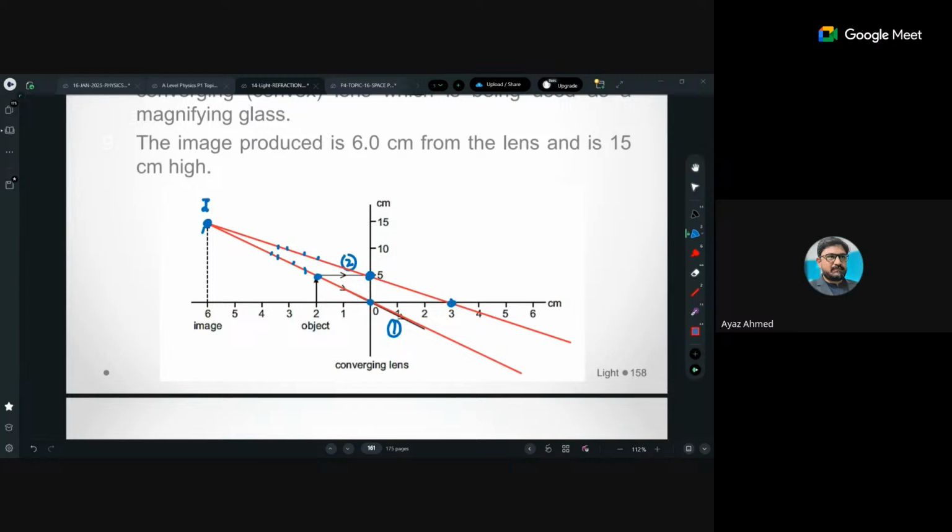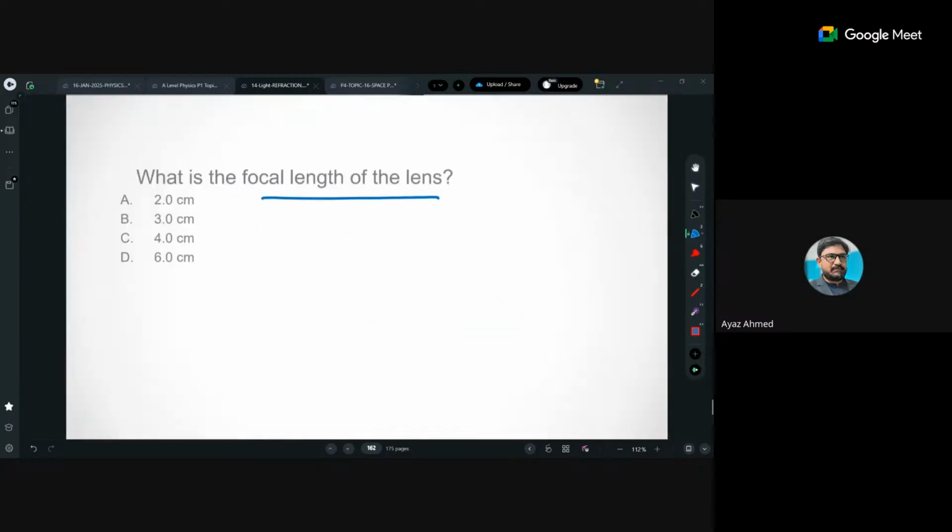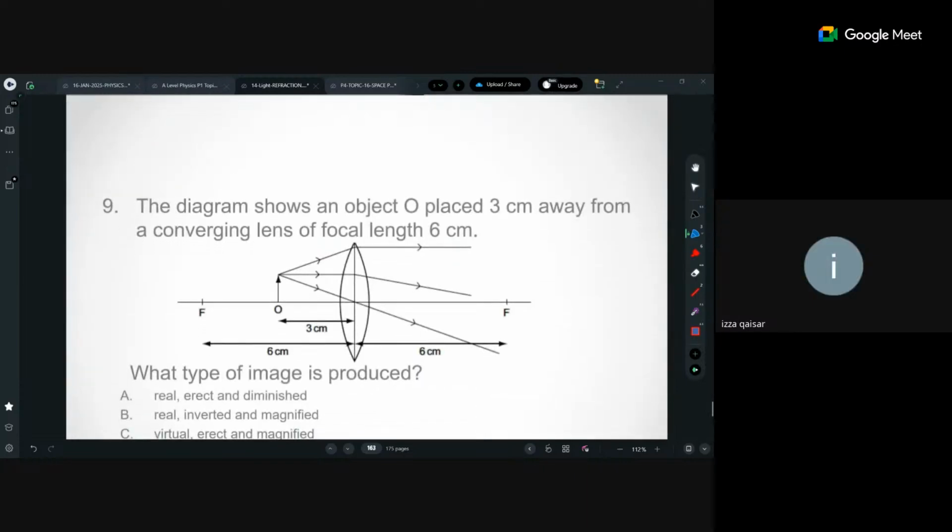So here is basically the image formed. And from this formation, you came to know that the focal length is basically from this point to this, which is 3 centimeter. Now is this clear, how to draw the light rays in the converging lens? Yes, got it.